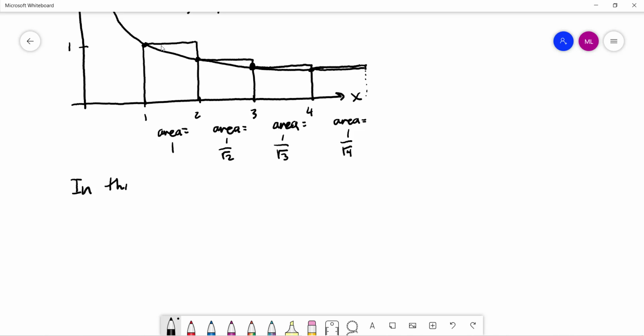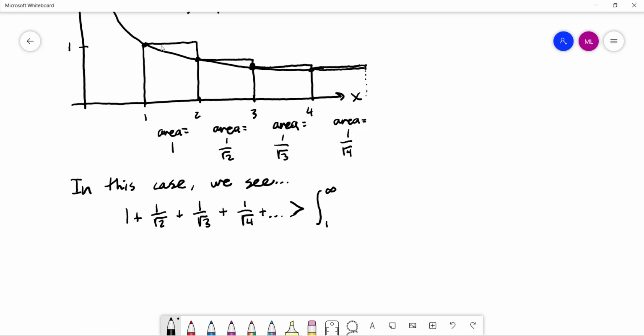So in this case, we see that my sum, 1 plus 1 over root 2, plus 1 over root 3, plus 1 over root 4, plus dot, dot, dot, is going to be larger than the integral from 1 to infinity of 1 over the square root of x dx.